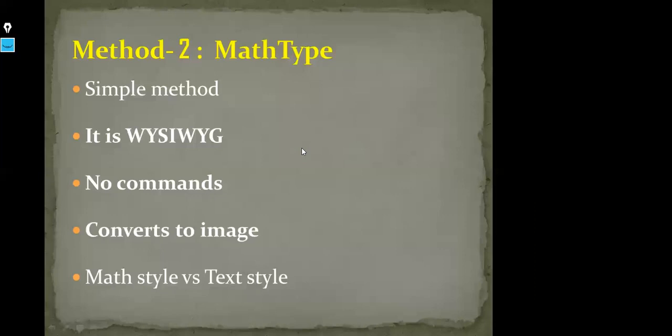At the same place you can edit that equation later on, but if you want to copy that equation and paste it somewhere else, then it converts to an image. And the most important thing in MathType, you should take care of math style versus text style. I will tell about that in detail on Moodle mainly.